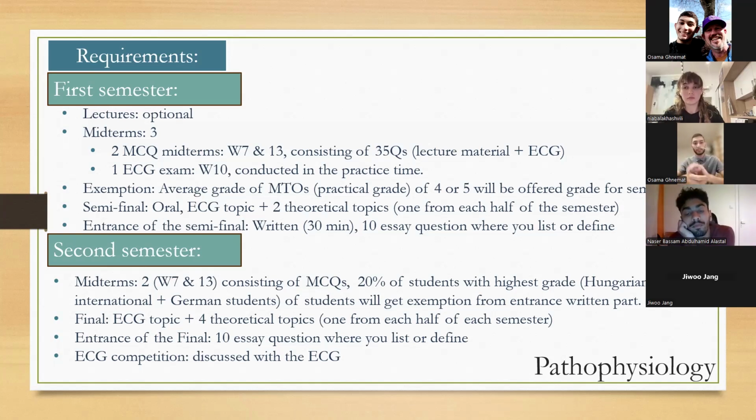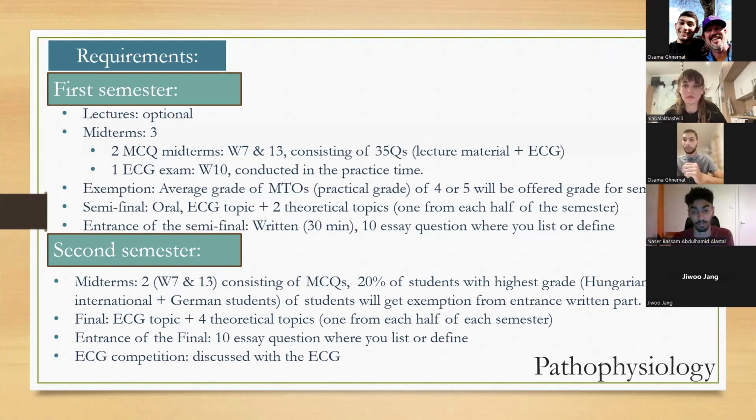Now for the second semester, you have 2 midterms, again week 7 and week 13, and they consist of ECG questions as well. This time it's going to be a little bit different because your average is going to be in competition with all the students in the university.